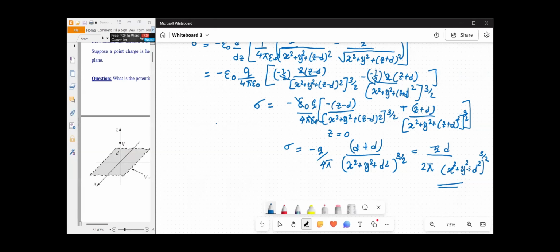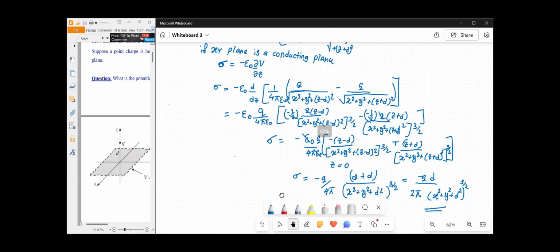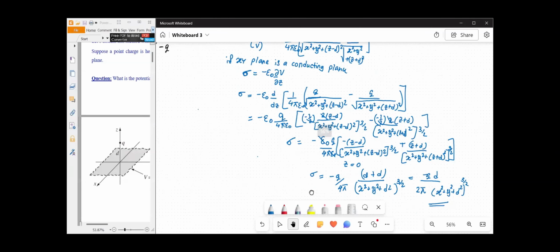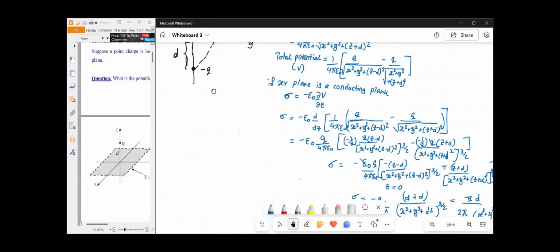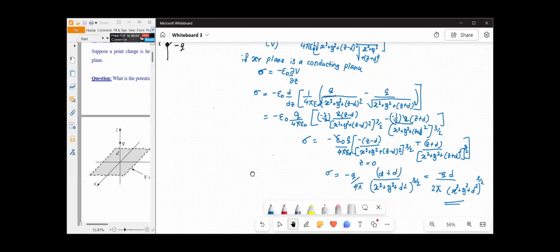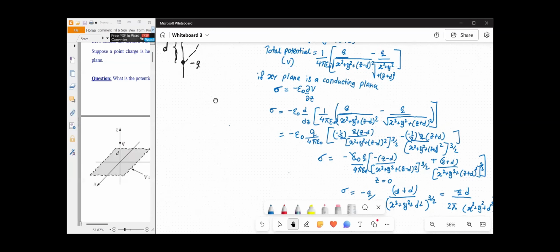Now, when we look into this result that we obtained, we assumed that the xy plane is a conducting plane, and we obtained the charge density due to these two charges plus q and minus q.